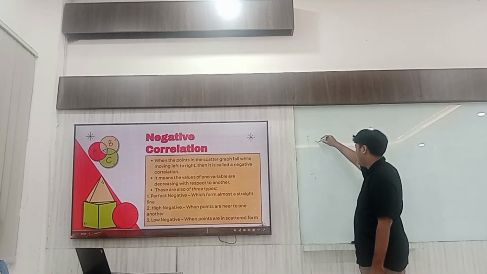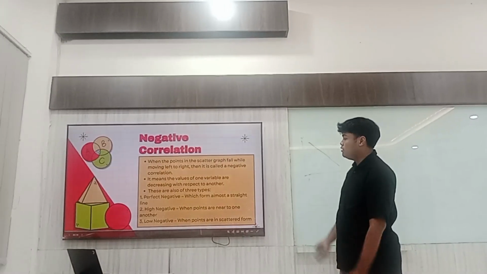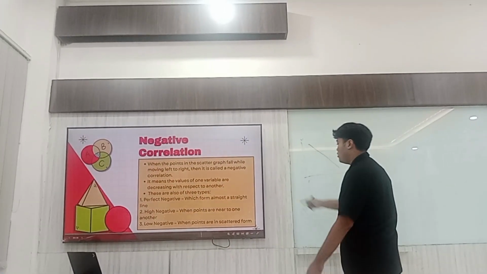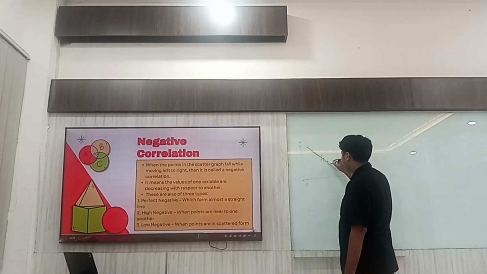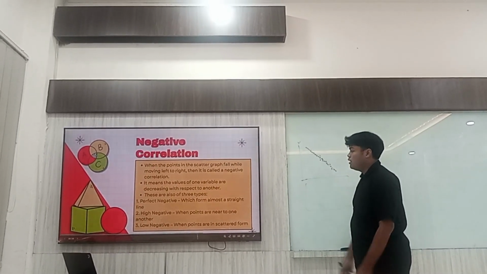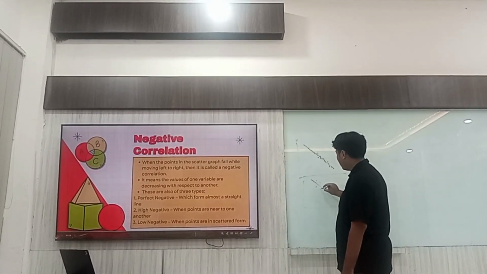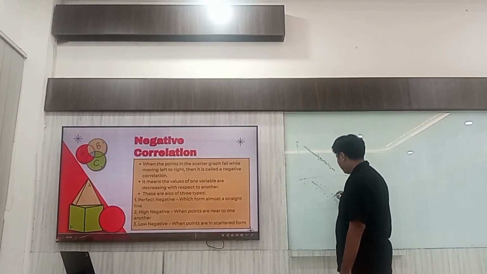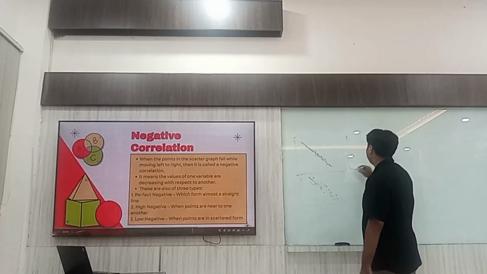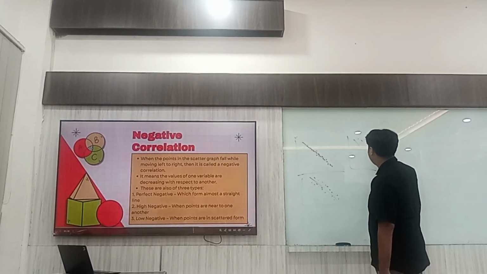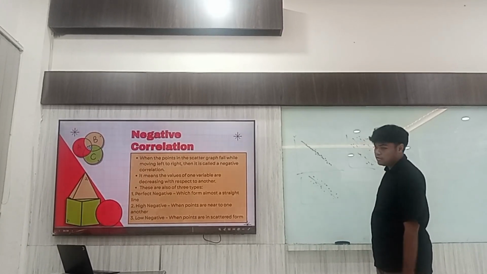So the graph goes like this. Perfect negative is almost a straight line. Like this, and high negative is when the points look like this, and then low negative, like this.